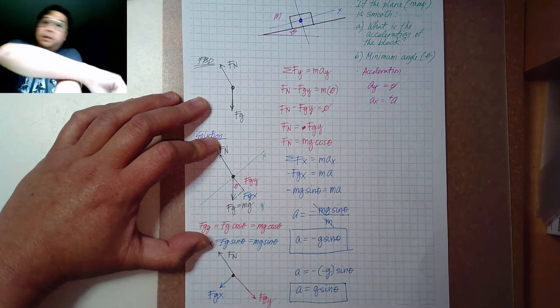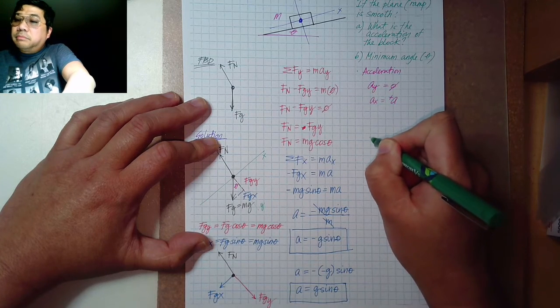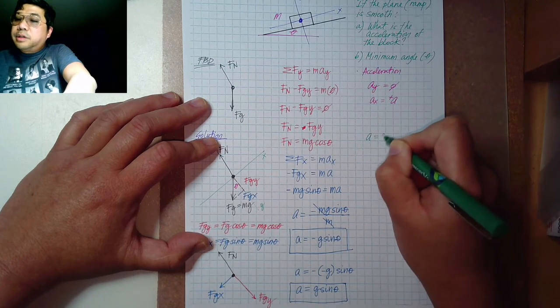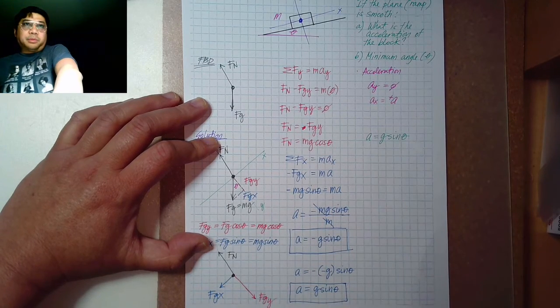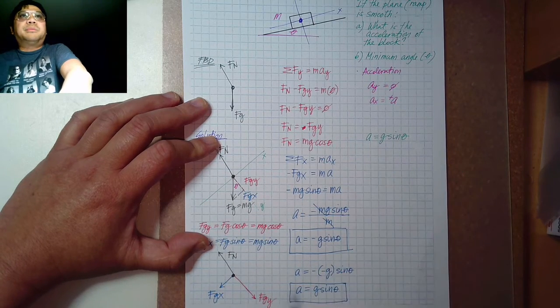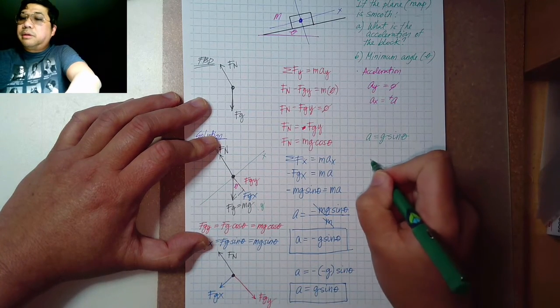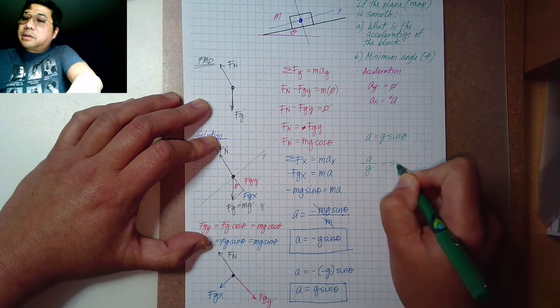By copying this equation for letter B, we can say that A is equivalent to g sine theta. I want the angle to be by itself on one side of the equation, so all I have to do is divide both sides by the acceleration due to gravity, and that is A over g equals sine theta.